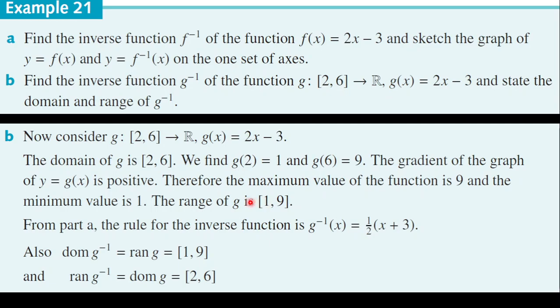As we have the domain, we just determine the range by swapping them around. So that's the range and that's the domain. That will be the domain of the inverse function and the range of the inverse function. And the rule has been calculated in part A. Let's continue.